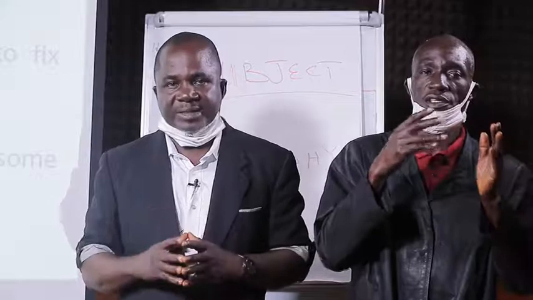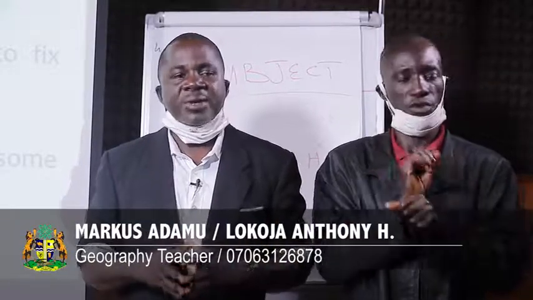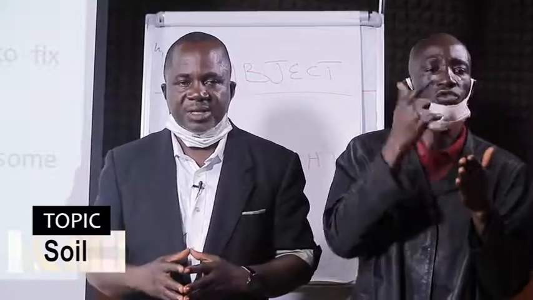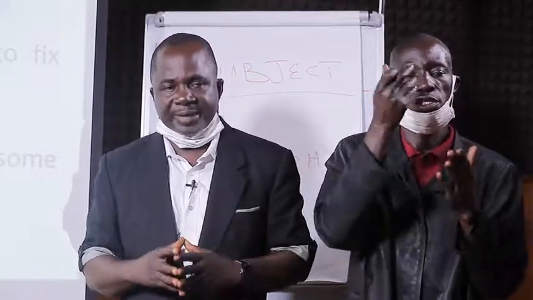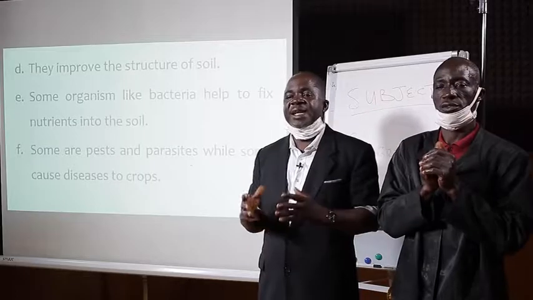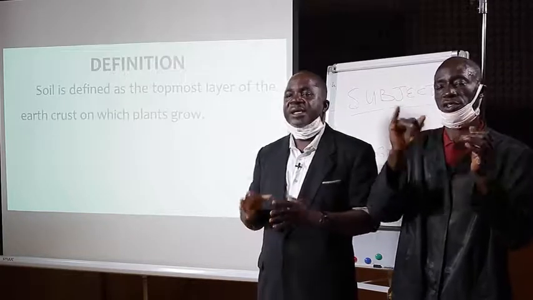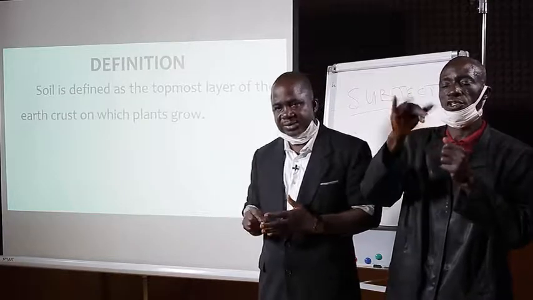My dear students, before the assignment, I would like to summarize all that I have said concerning soil part 1. I started by defining soil as the topmost layer of the earth crust.